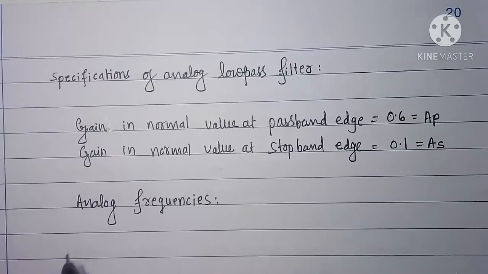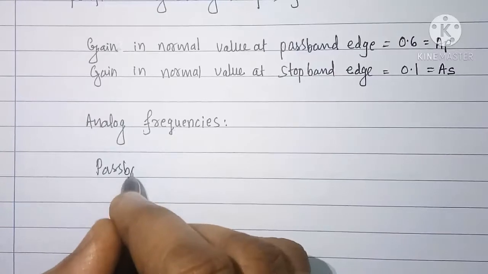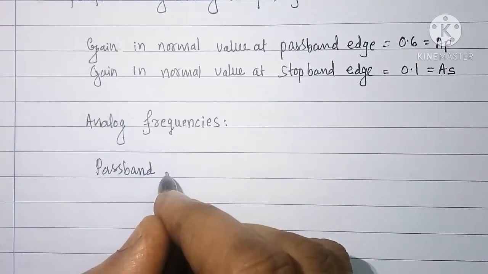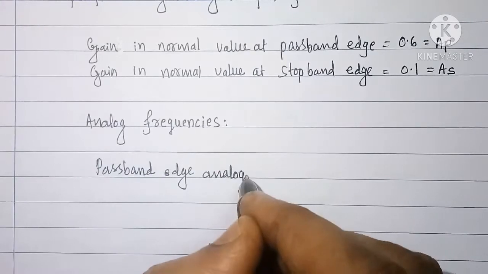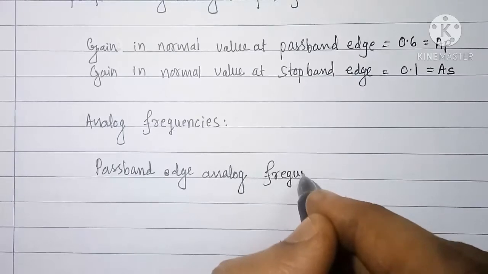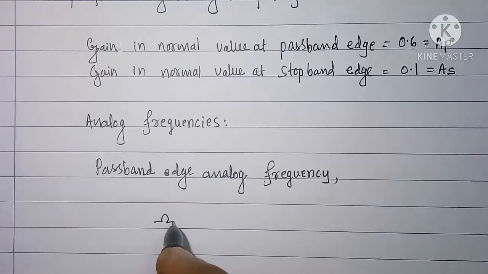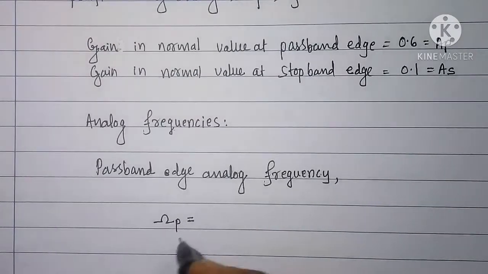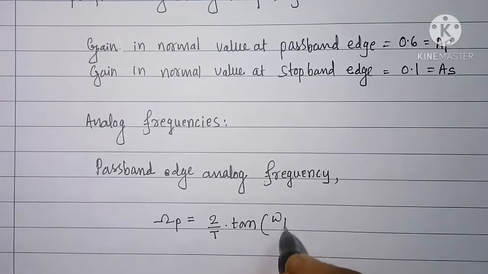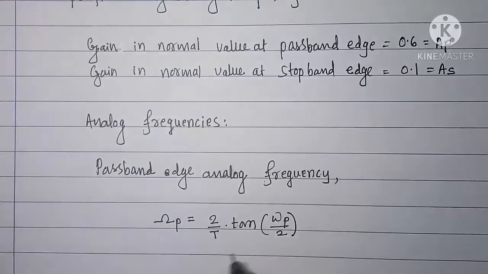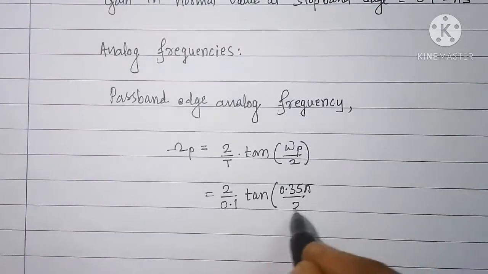First one is passband edge analog frequency omega p equal to 2 by T into tan of digital frequency by 2, and that is 2 by 0.1 into tan of 0.35 pi by 2.